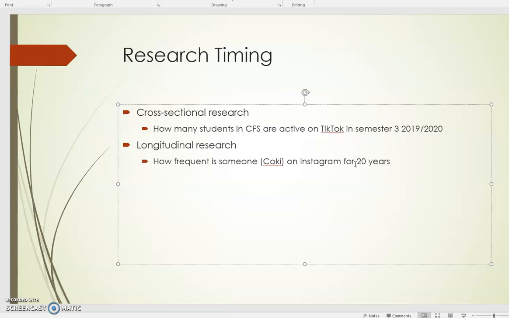Today Chucky might be very active on Instagram because he's right now quite famous, but in 10 or 15 years' time he might be using other platforms, or he might stop using Instagram because he's pursuing another career, maybe, we don't know.